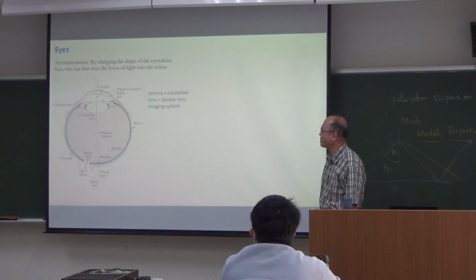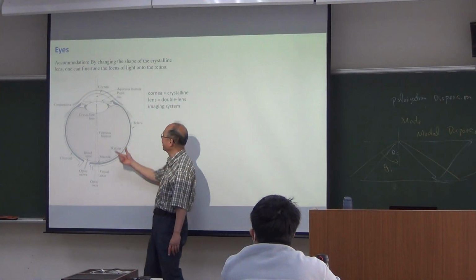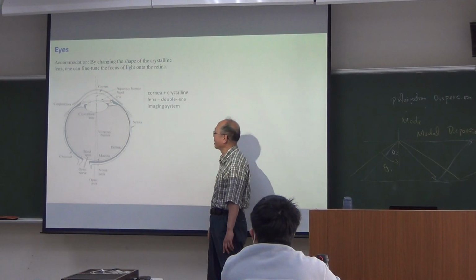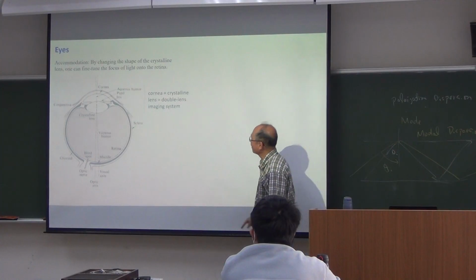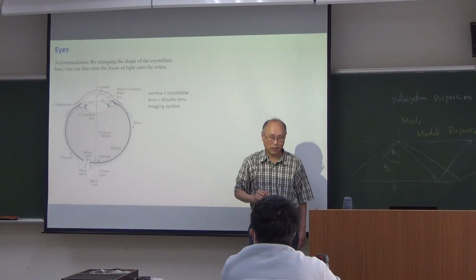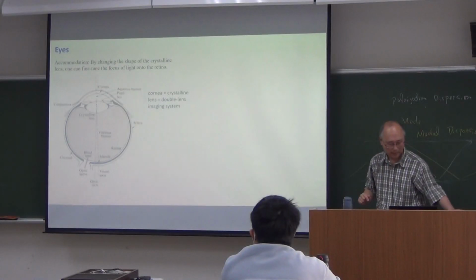But at my age, my muscle is not strong enough to control it, so I need to rely on glasses. Okay, so these two lenses basically form an image system for you to see something.